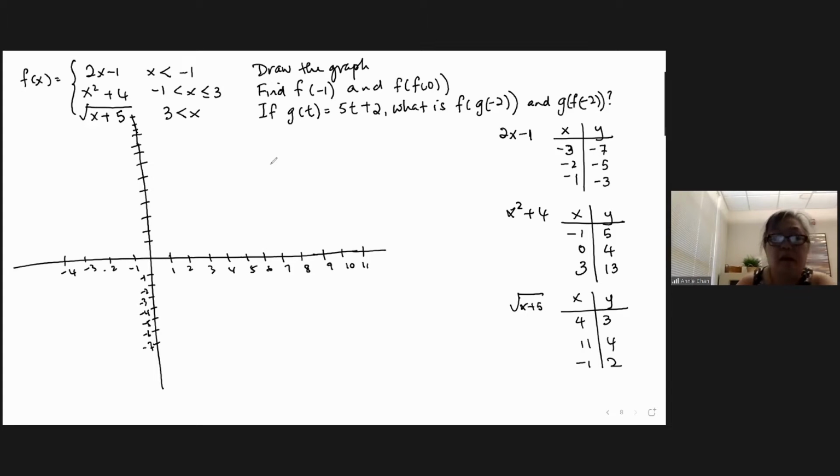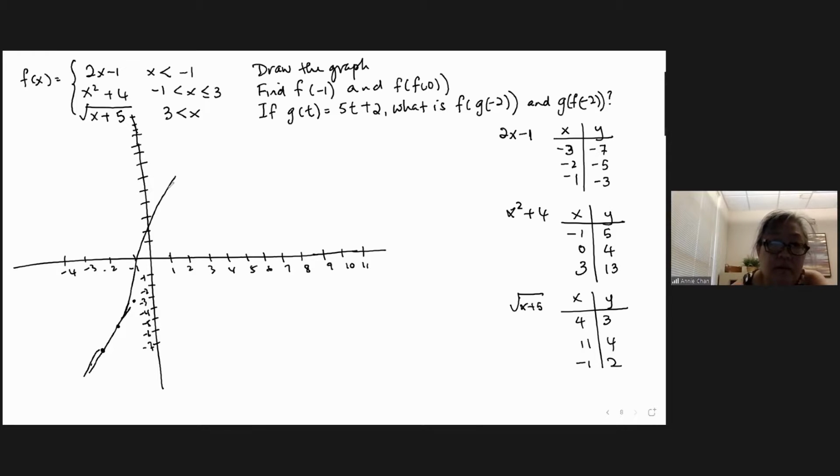So I'm going to start drawing. For x is -3, y is -7; -2, -5; -1, -3. So my line is going to be something like this, even 0, 0 is -1.